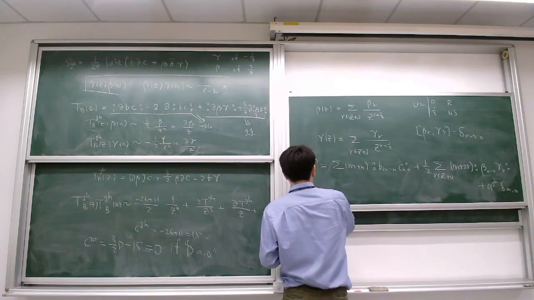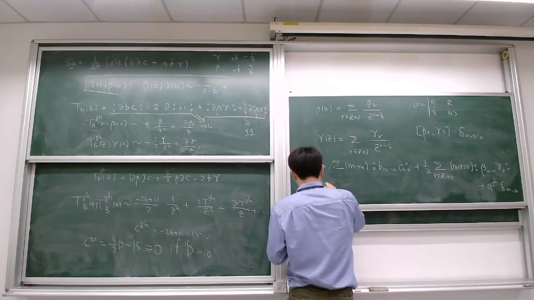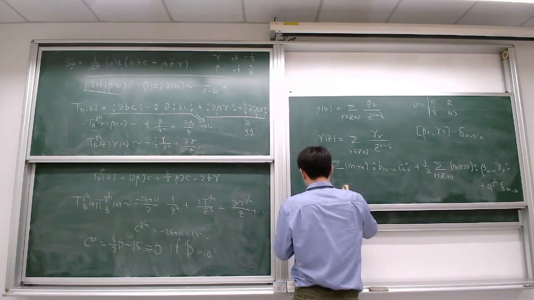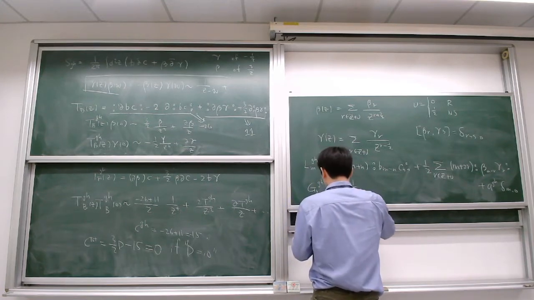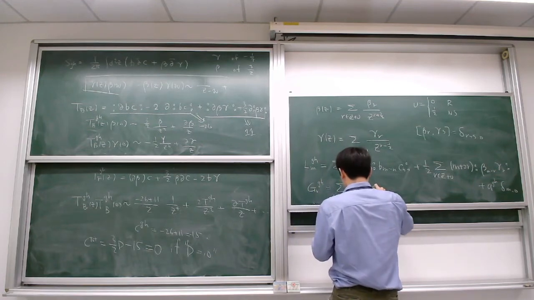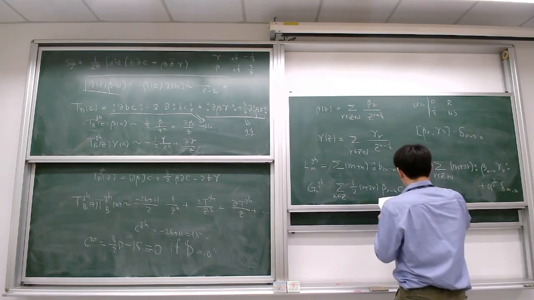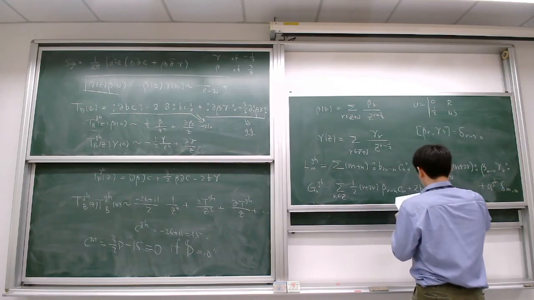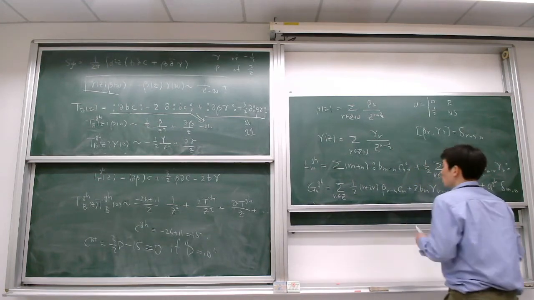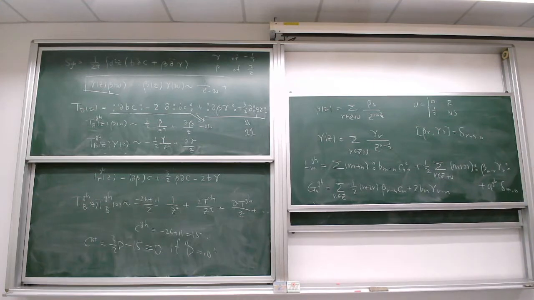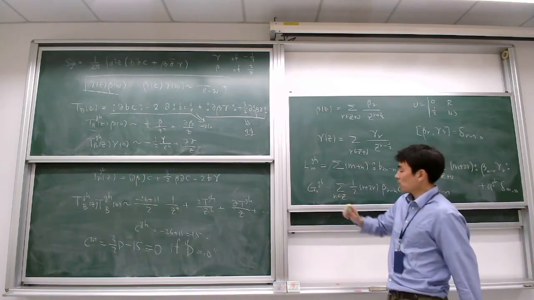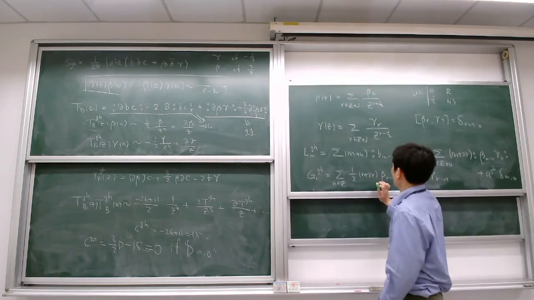So G_r ghost is equal to a sum over n of c. Okay, so this is the supercharge, and these are the modes.